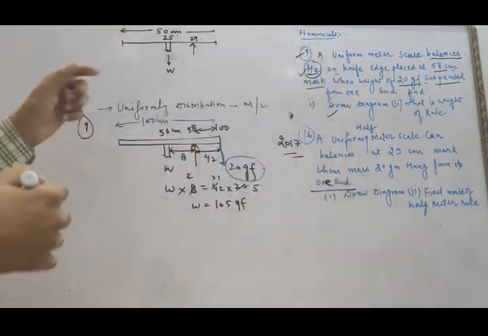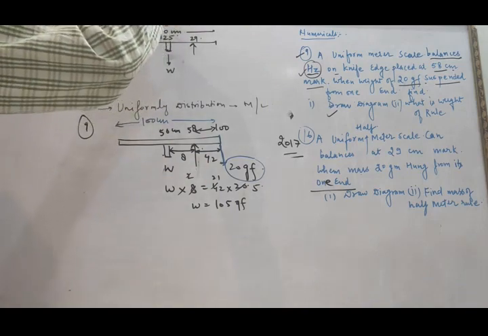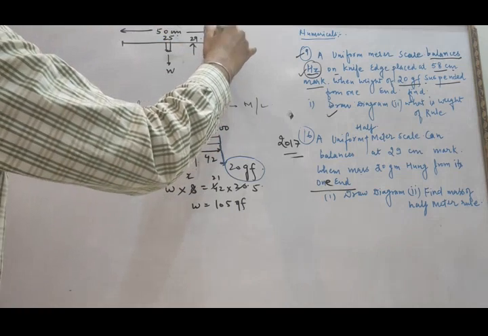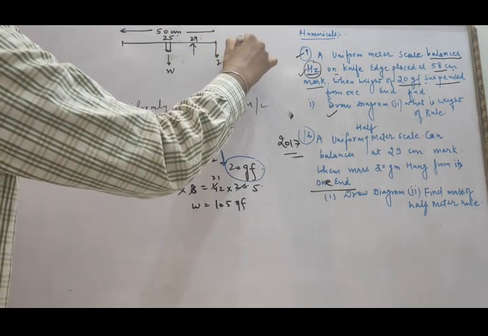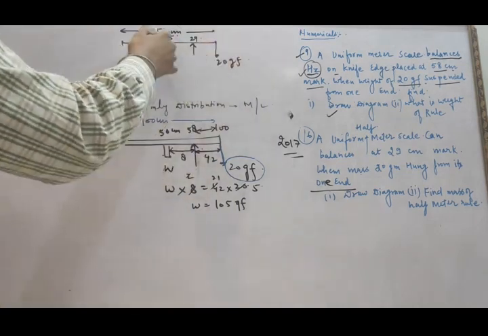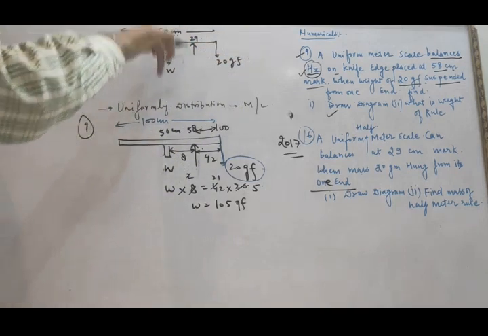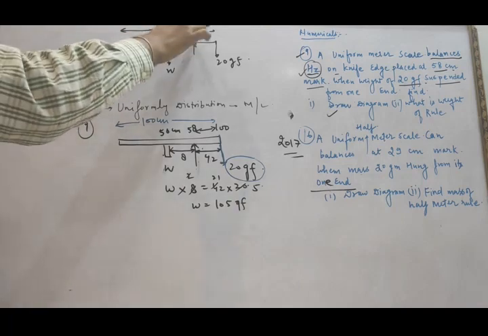By common sense we can easily determine that this 20 gram will be exerted at this end, because it is not possible for both the uniform distribution of the mass and the load to be at the same end, and this is the fulcrum.